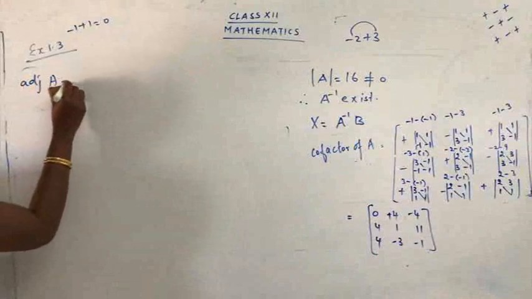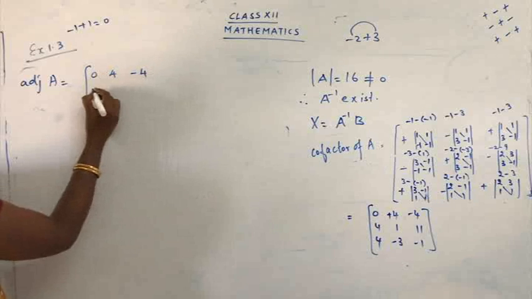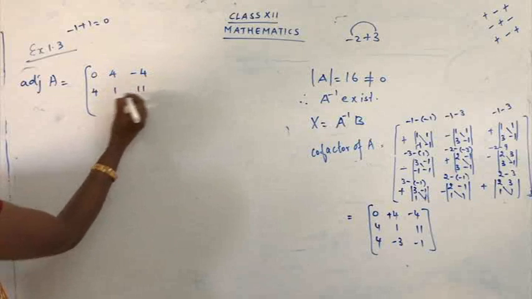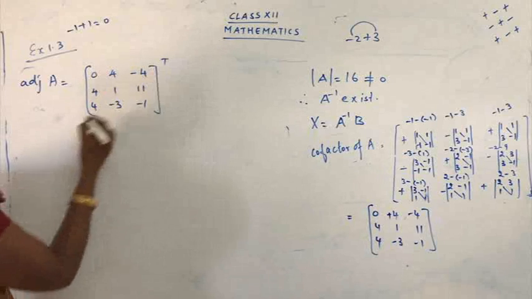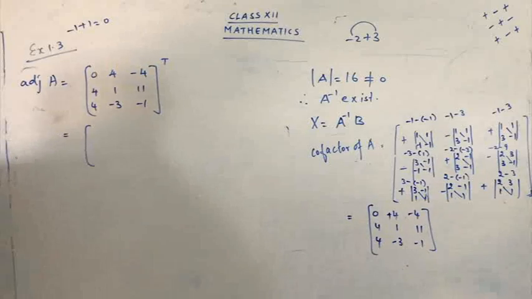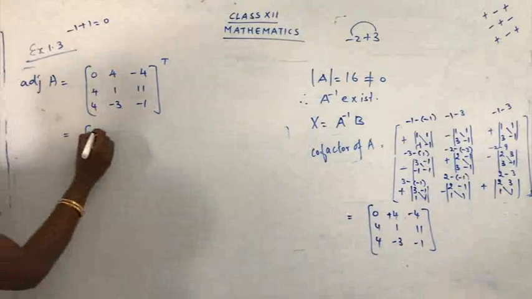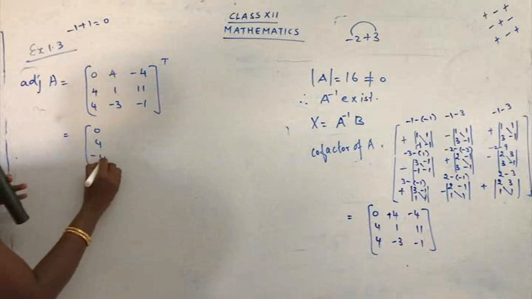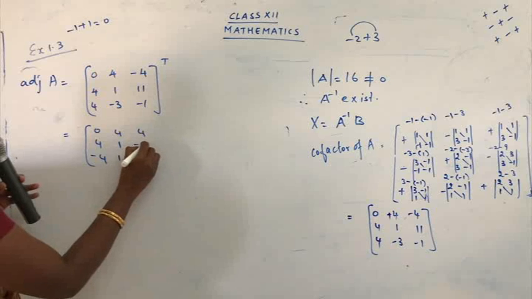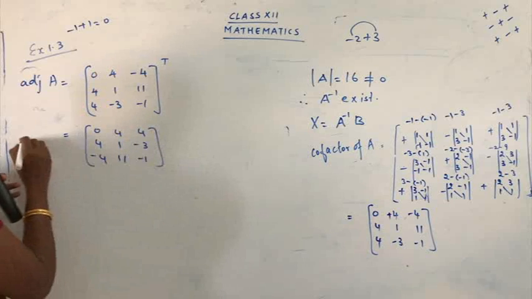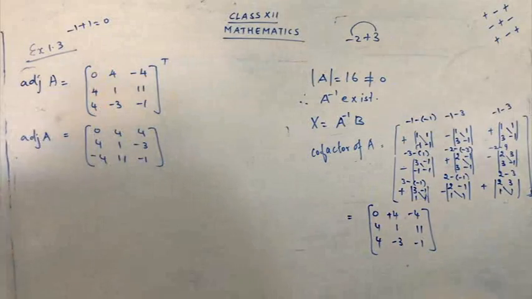Adjoint A is equal to 0, 4, minus 4, 4, 1, 11, 4, minus 3, minus 1 transpose. Transpose is interchanging of rows and columns. So 0, 4, 4, 4, 1, minus 3, minus 4, 11, minus 1. So we have found the value for adjoint A.